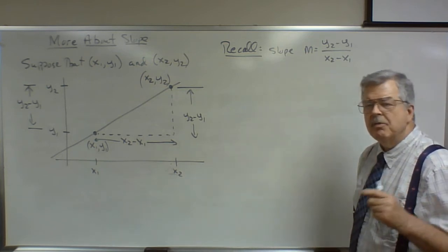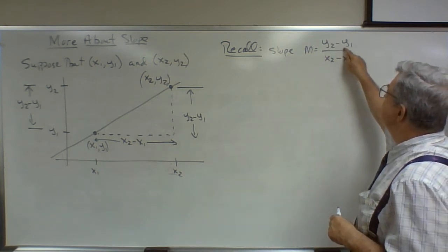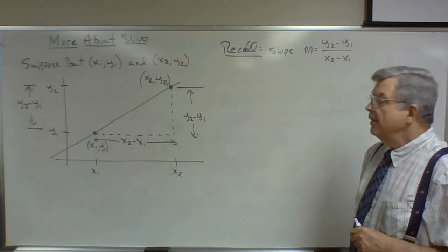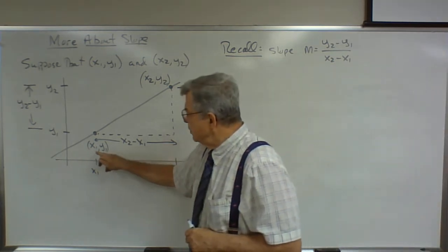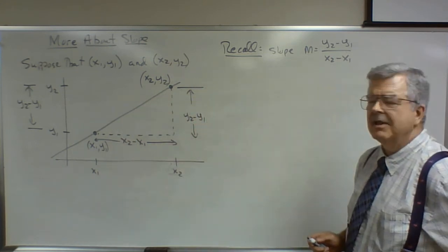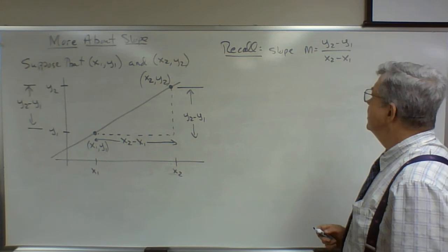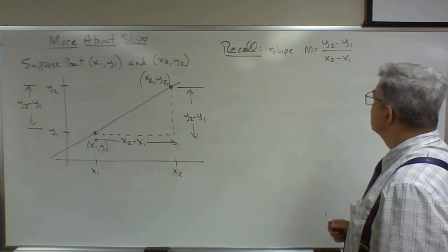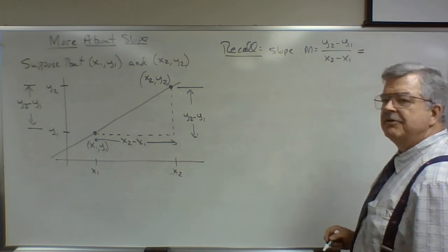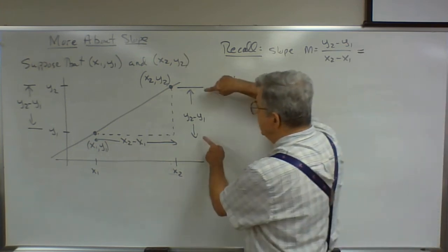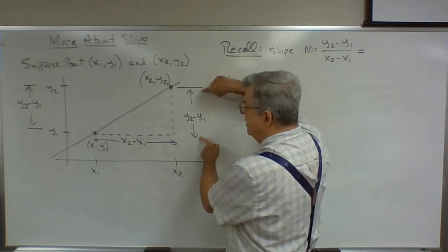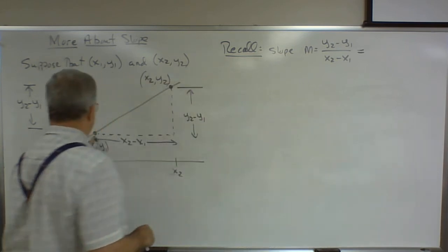Remember what the slope is. It's y2 minus y1 over x2 minus x1, where x1, y1 and x2, y2 are distinct points on the line. Well, what is y2 minus y1?